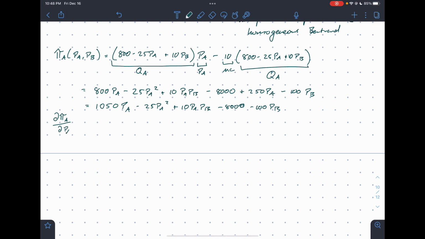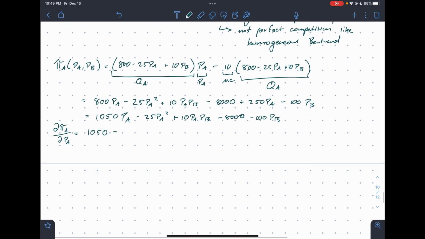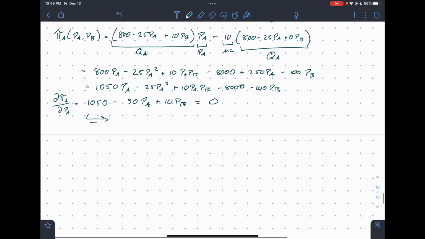So I'm going to take the derivative with respect to PA. This will give me 1,050 minus 50 PA plus 10 PB is equal to 0. Okay, so I'll set this equal to 0 and I will solve for PA. So 50 PA is equal to 1,050 plus 10 PB.